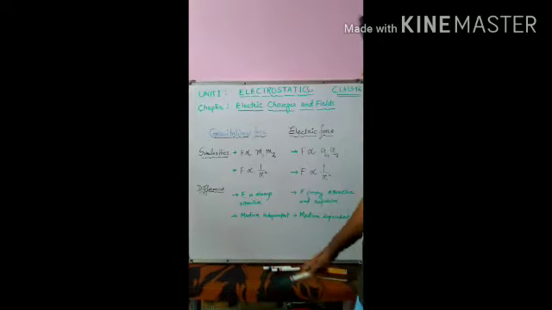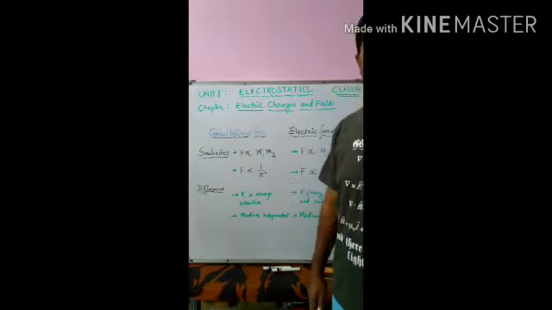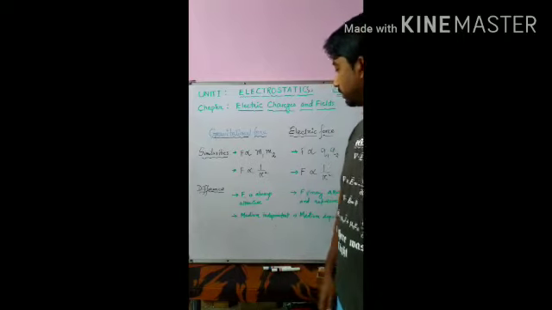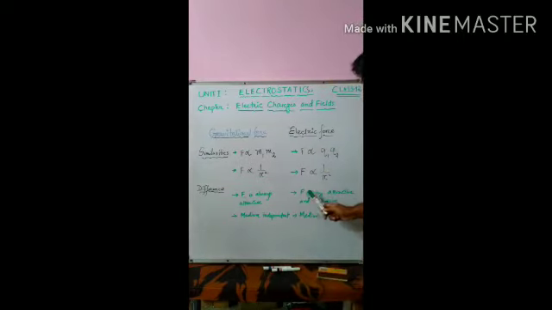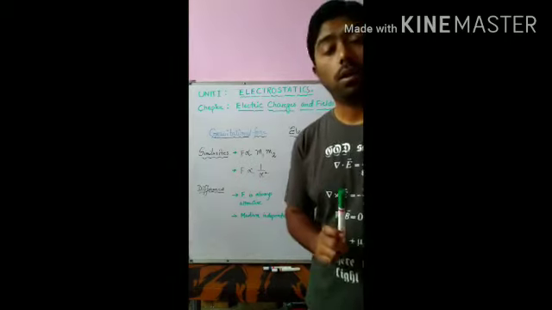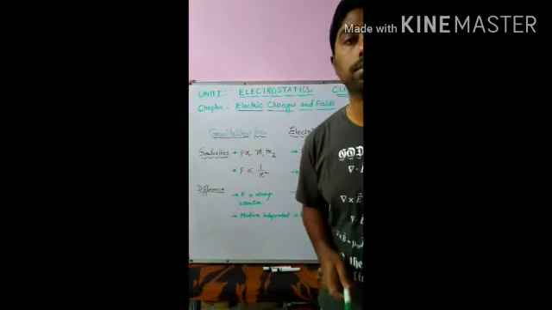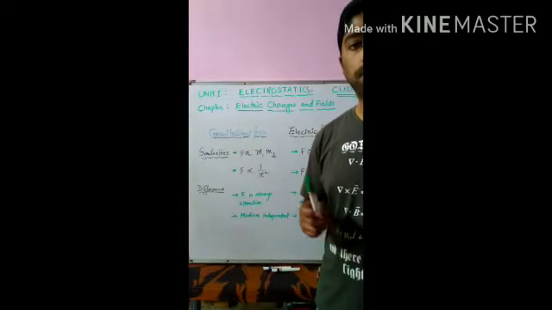Now what is F? F is the gravitational force between 2 point masses. It is always attractive. But the electric force may be attractive and also repulsive, depending on some condition. We will come to that condition later.